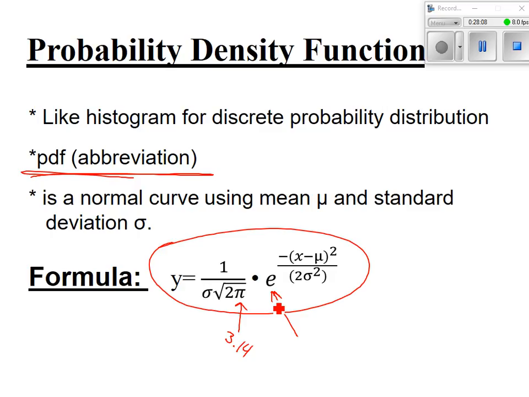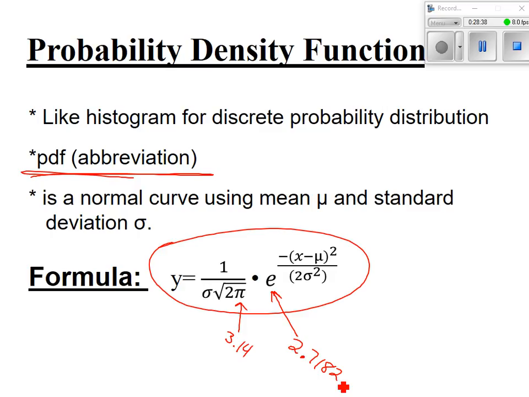Grab your calculator, and I bet your calculator's got an E button on it. If you punch the E button, it'll tell us what it is. Big calculators might just say E. 2.718281828.